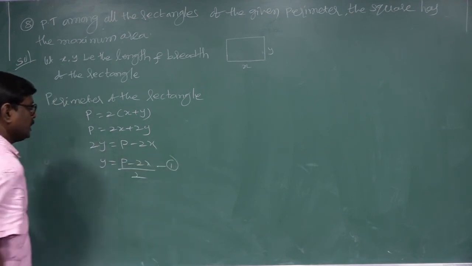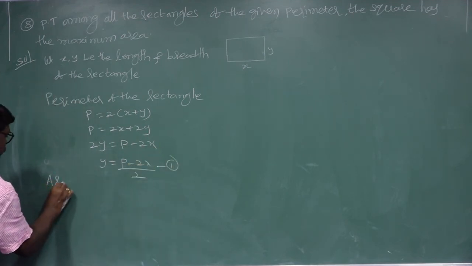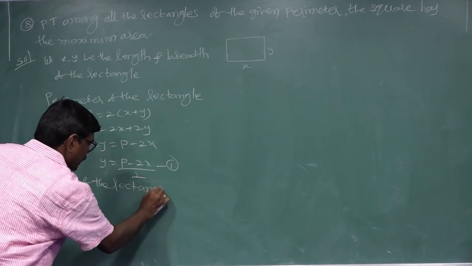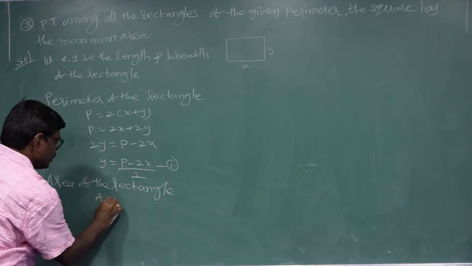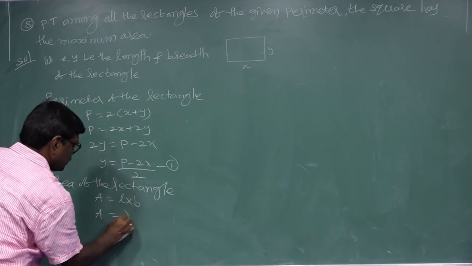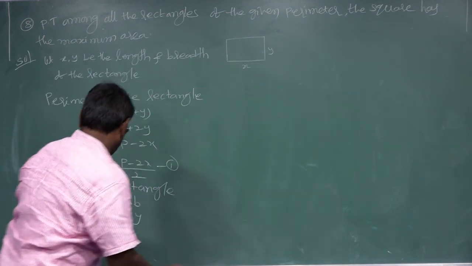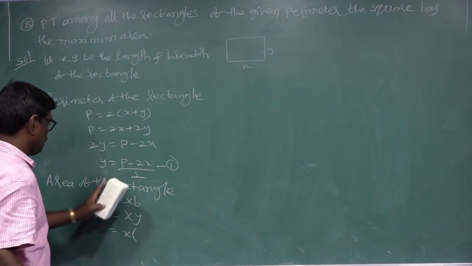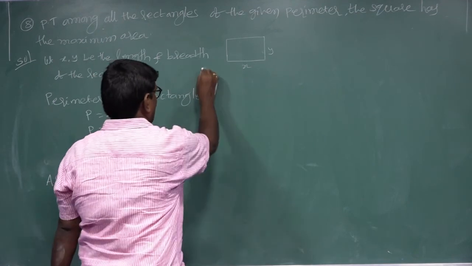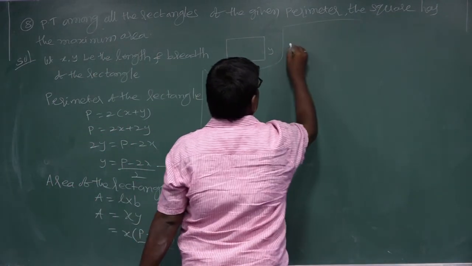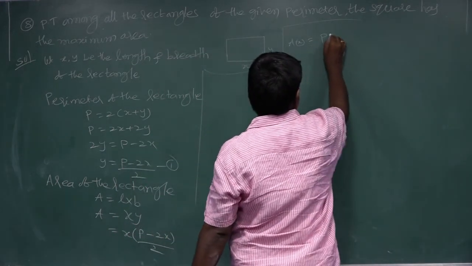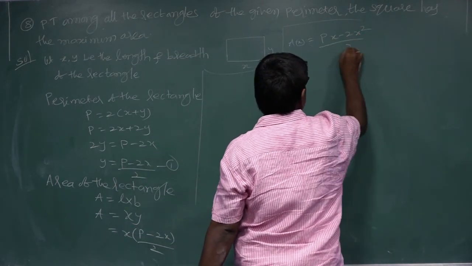Equation 1. Area of the rectangle, capital A equal to L cross B. A equal to L, which is x, into y, which is x into P minus 2x by 2. A of x equal to Px minus 2x square by 2.